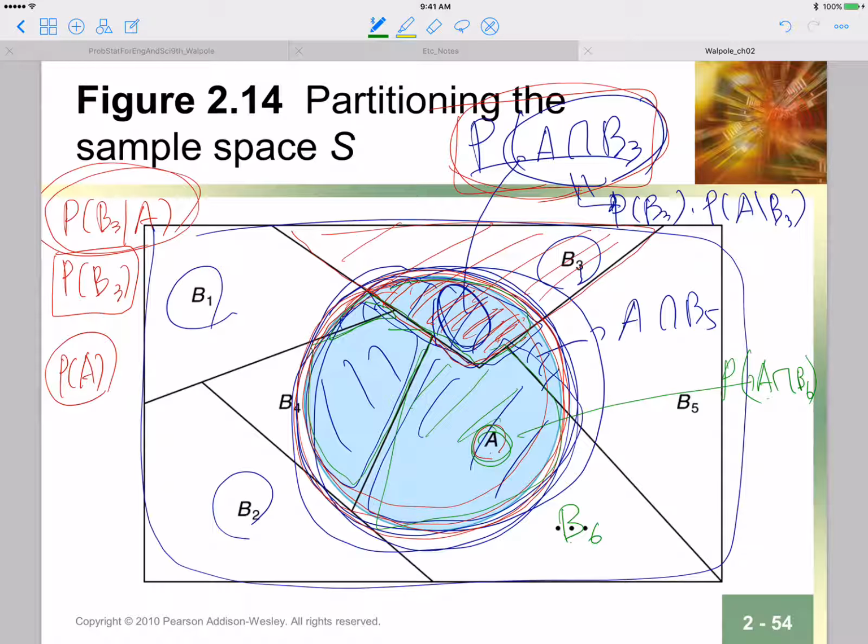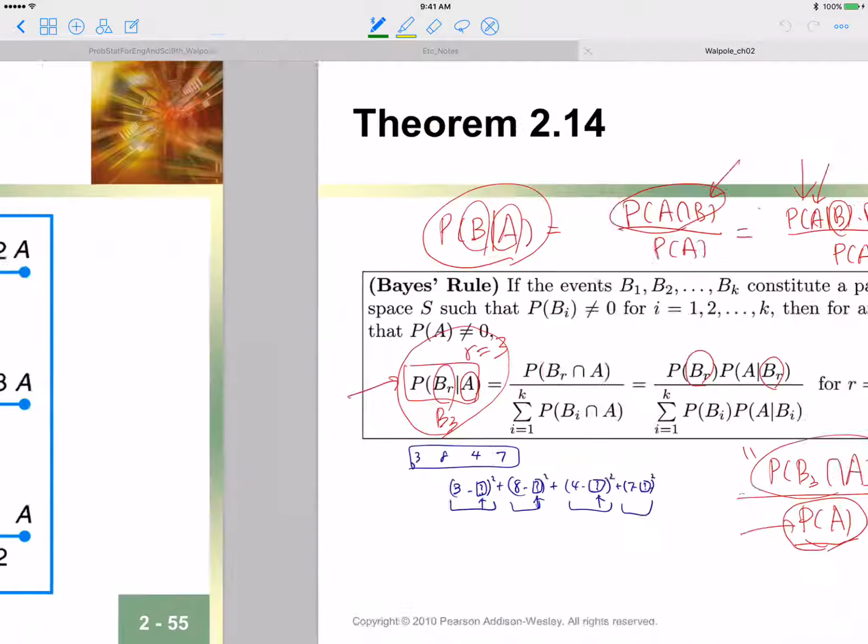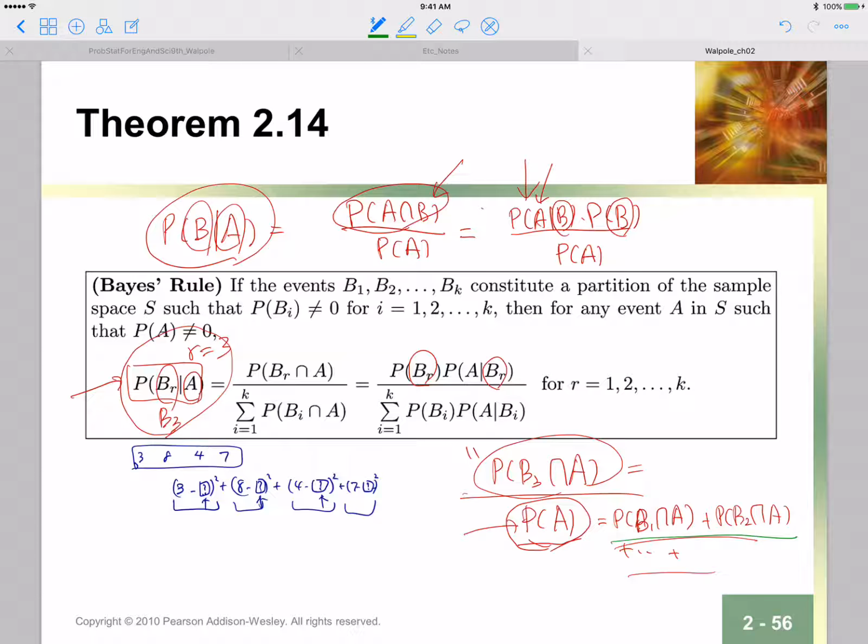That way, the total area of A, or this blue circle, can be represented as the summation of all these intersections of A with each of B1, B2, B3, and so on, right? So that way we can compute this P of A, even though P of A cannot be directly computed all at once.